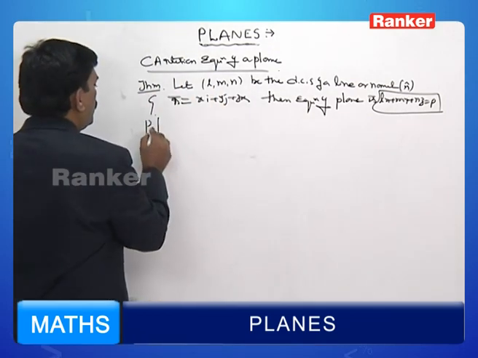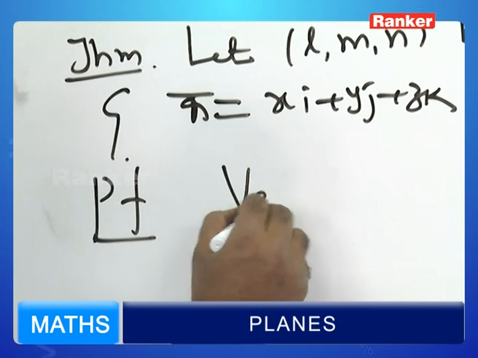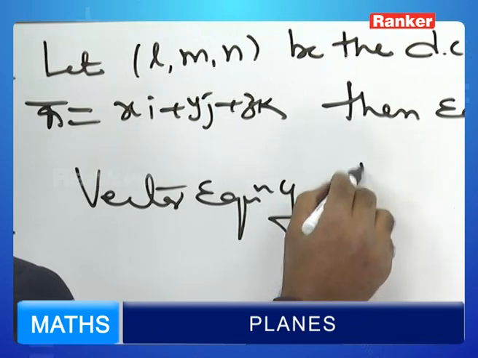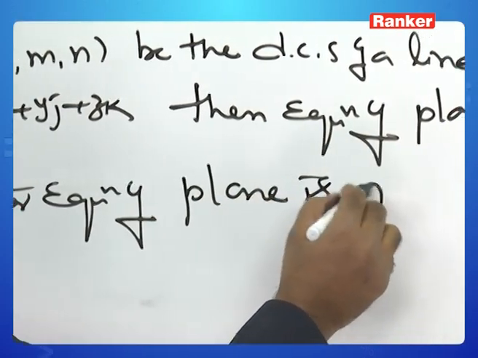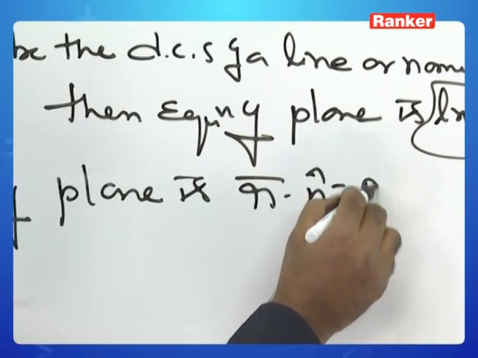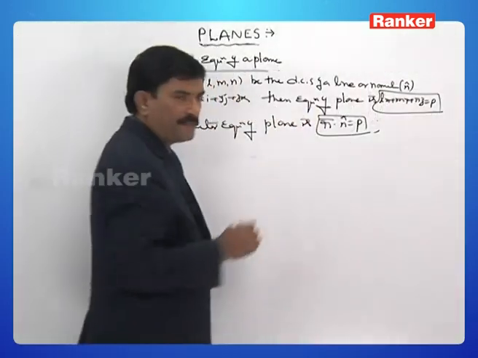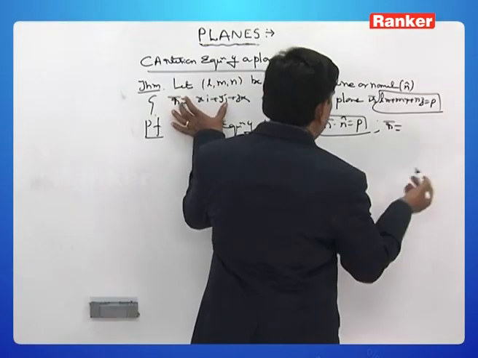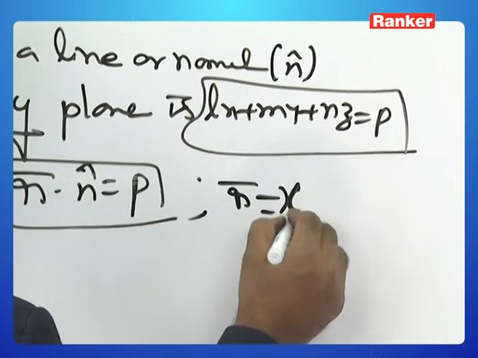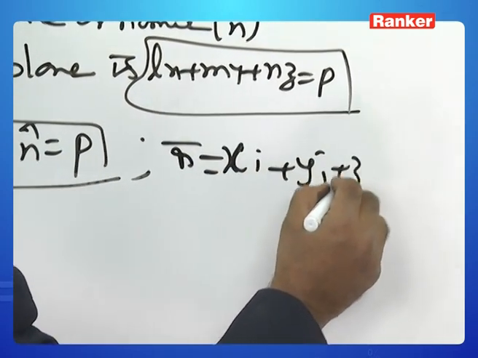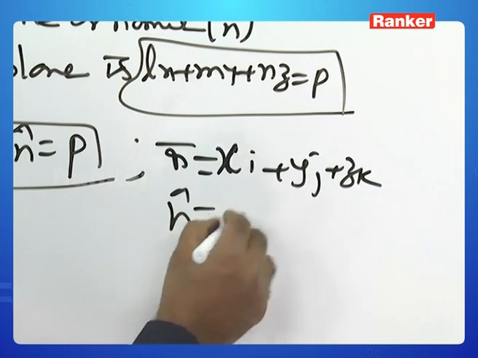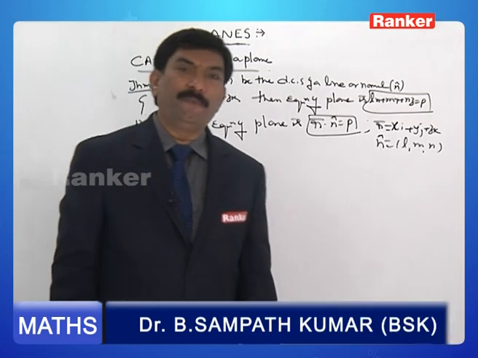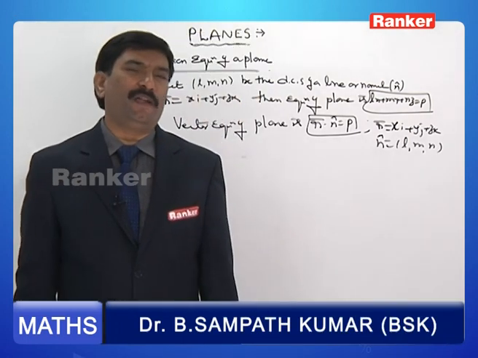Now what I write is, the vector equation of the plane is r bar dot n cap is equal to p, where r bar is equal to xi plus yj plus zk, and n cap is equal to li plus mj plus nk. n cap means it's a normal to the plane, perpendicular to the plane.